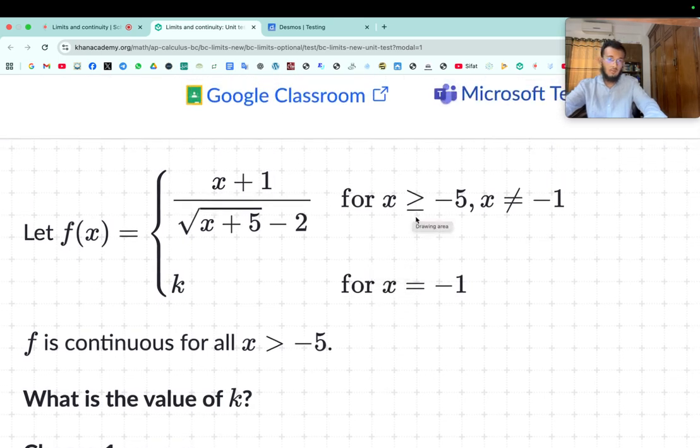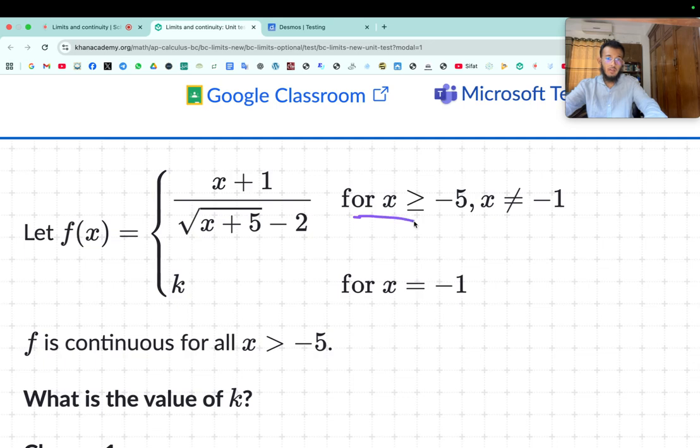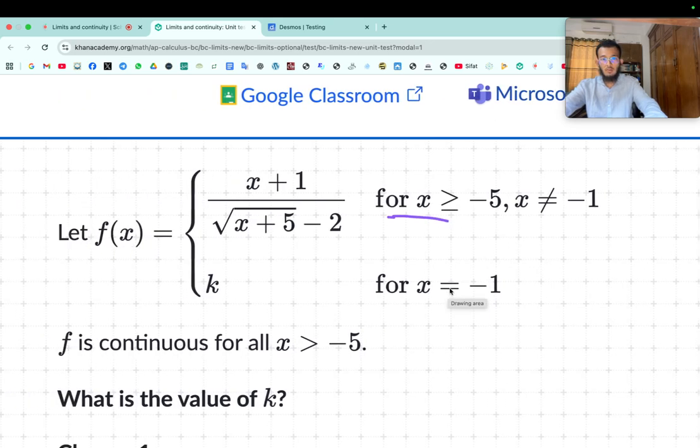This is for x greater than or equal to negative 5, but not negative 1. f is continuous for all x greater than negative 5.